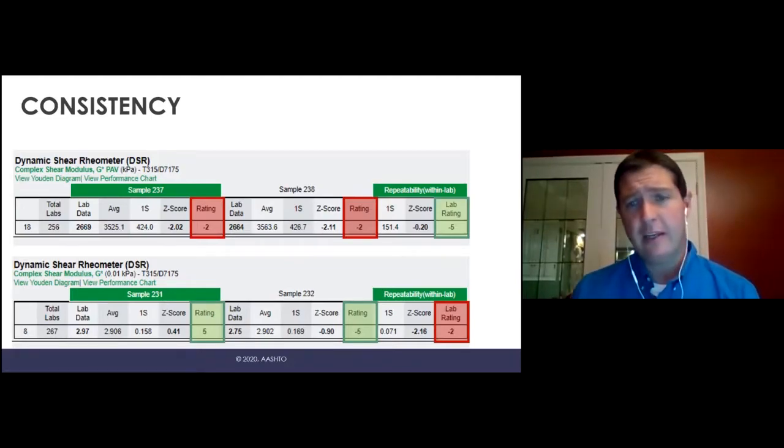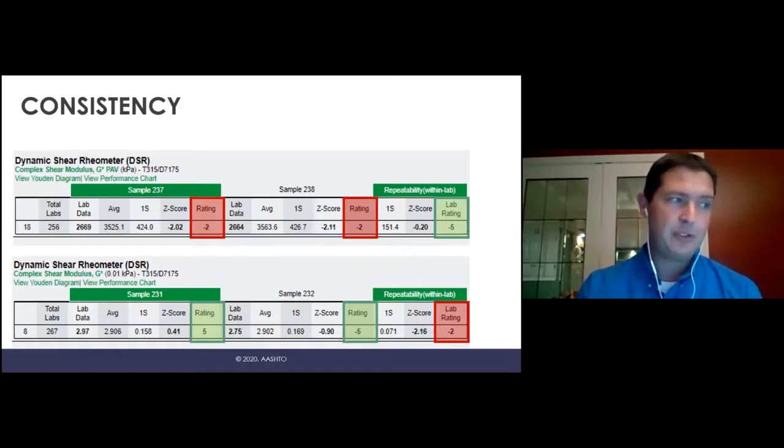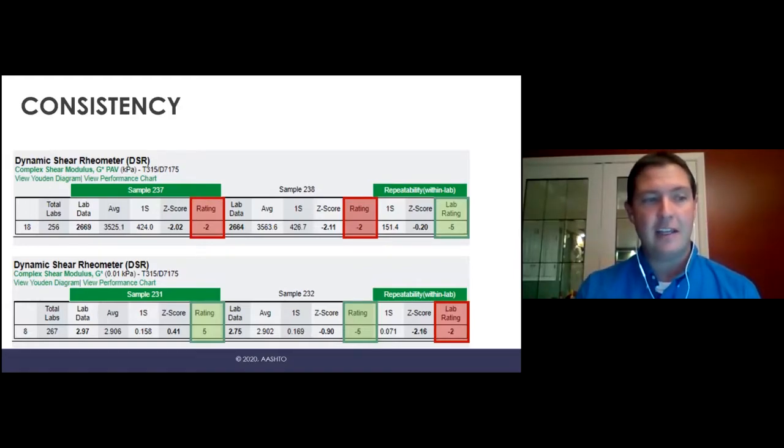So the one thing that we have done to address some of the issues here is, if you note, the accreditation program does not take action on laboratories for low repeatability ratings. And it's just that simple scenario in the bottom half of this data set that you see. Laboratories doing perfectly fine. There's just some sort of measurement issue with consistency.